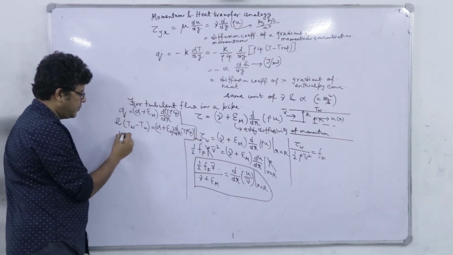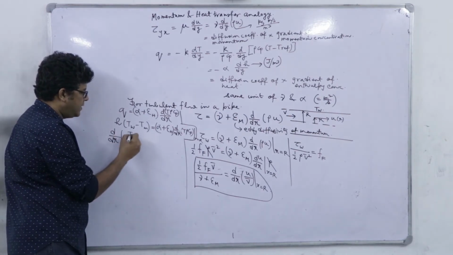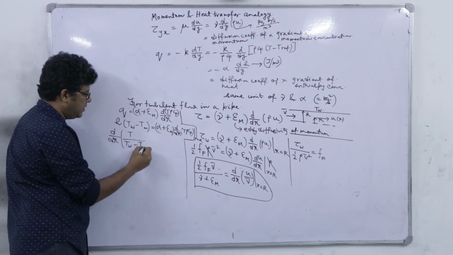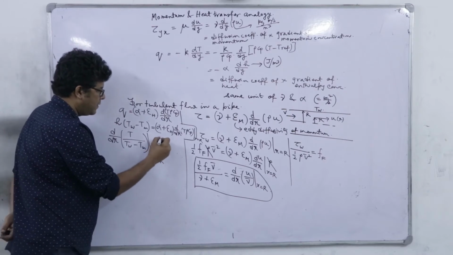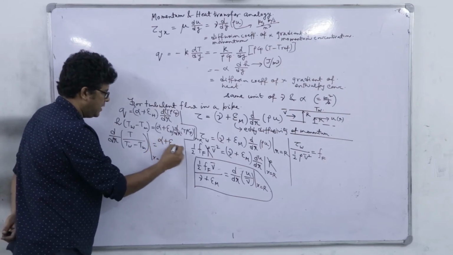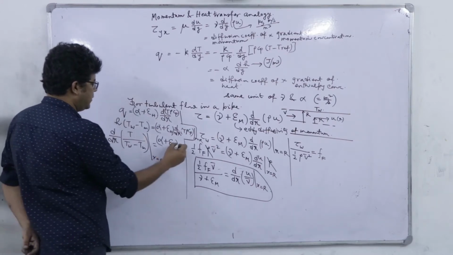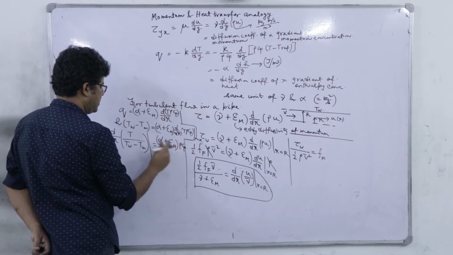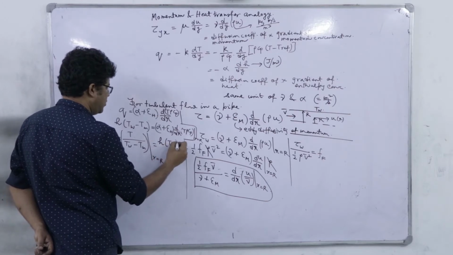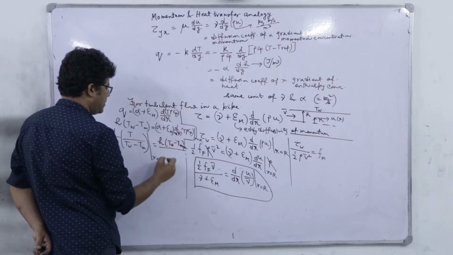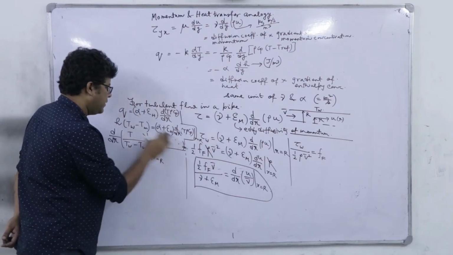So, the dimensionless temperature gradient, d dr of T divided by Tw minus T mean, at wall is alpha plus epsilon h into rho Cp, or rather h into Tw minus T mean, since Tw minus T mean we have already included.